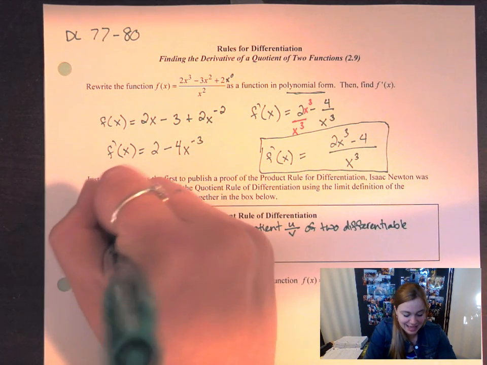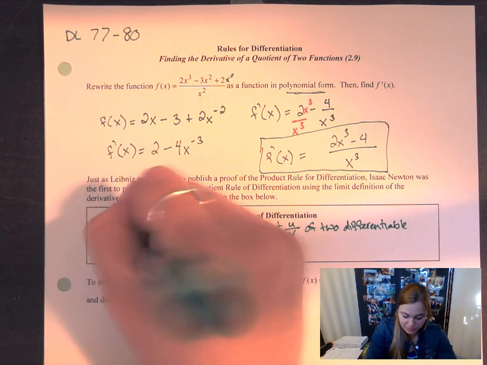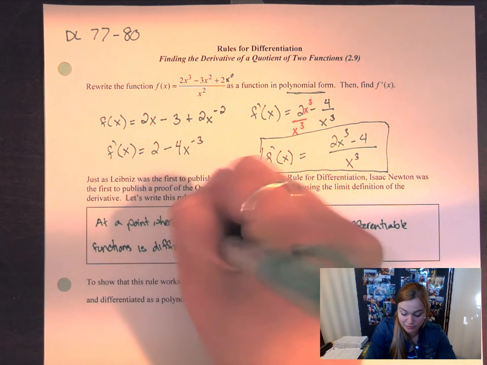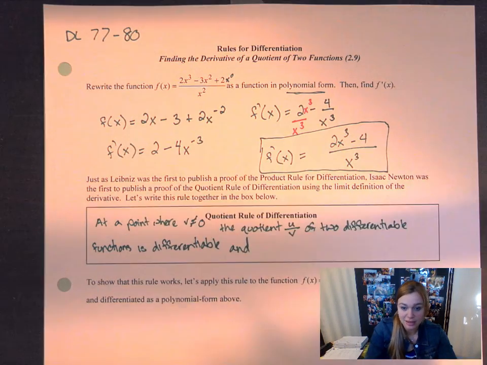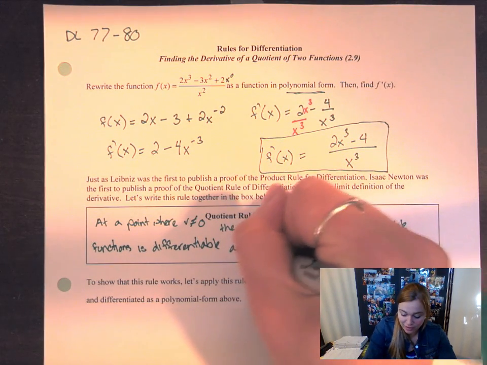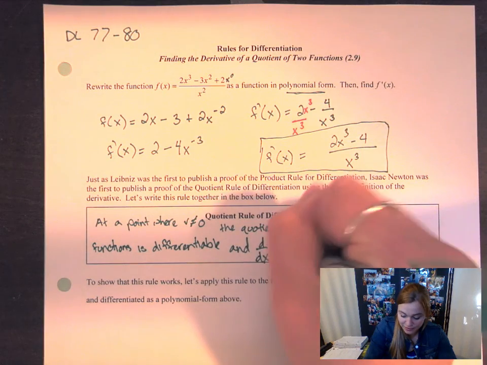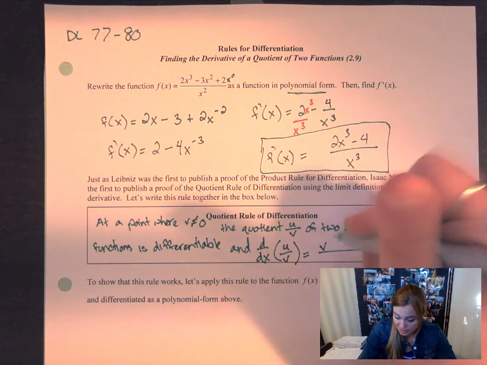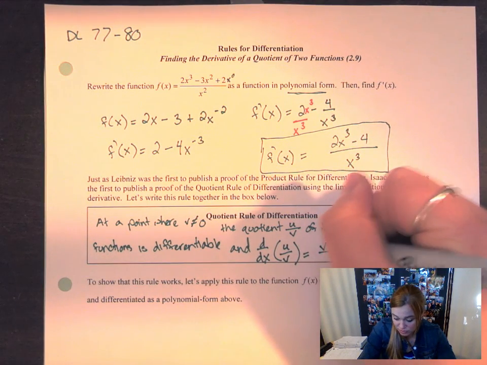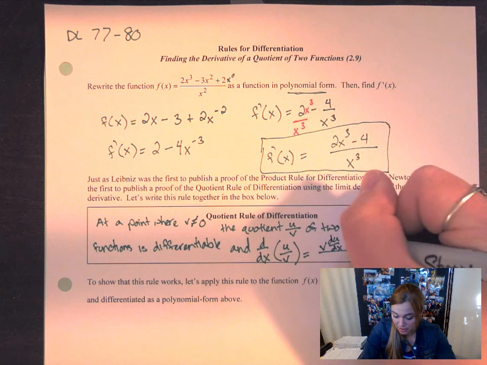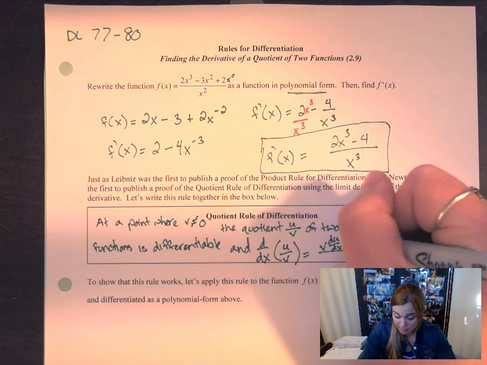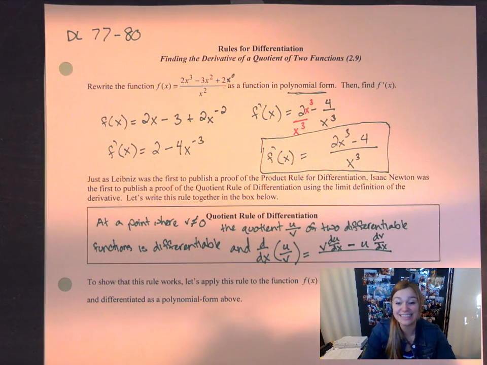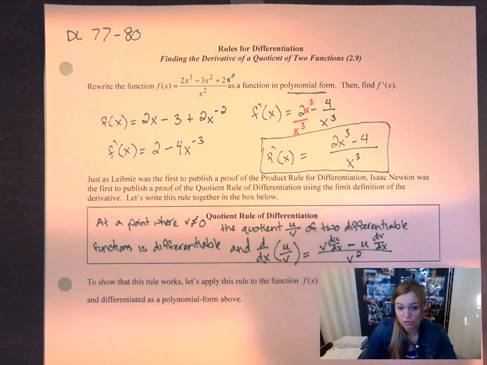I'm going to say whatever I get is differentiable, meaning my result, that quotient you can also take the derivative of, and d dx, meaning the derivative of u divided by v, is bottom, so v, times the derivative of the top, so du dx. So bottom times the derivative of the top minus the top times the derivative of the bottom, so that's the dv dx, over the bottom squared, or v squared.